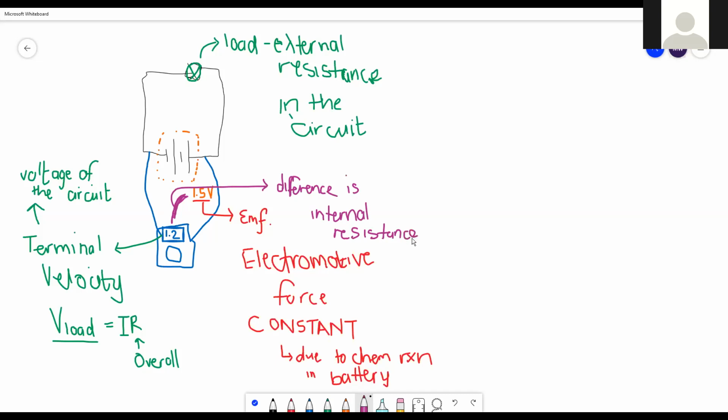If we show it as something, we say it is your V lost. So it's the potential difference that you have lost in your system.